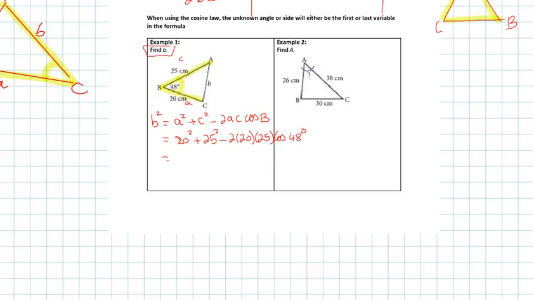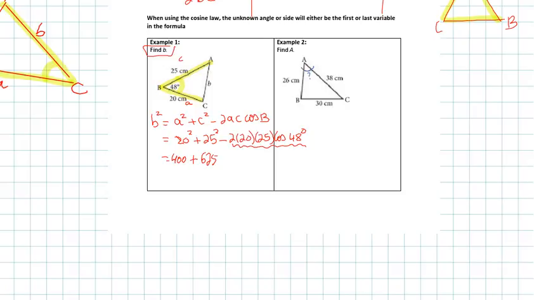20 squared is 400. What's 25 squared? 625. Then you're gonna have to do all of this together, unless your calculator can do everything at the same time.